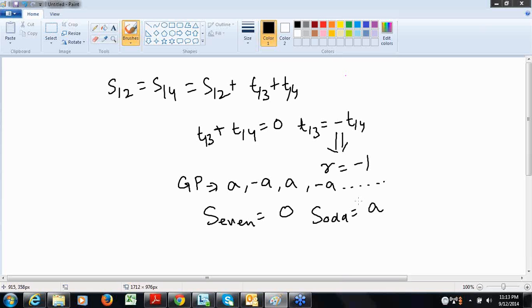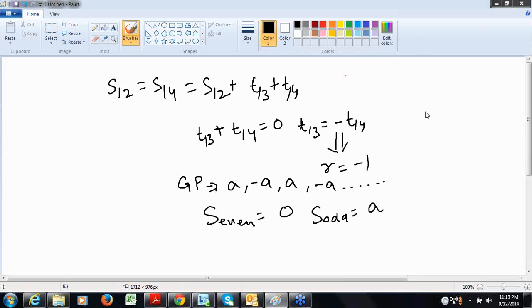It is given the sum of 12 numbers is equal to the sum of 14. So the sum of 12 is equal to the sum of 12 plus term 13 plus term 14. Term 13 plus term 14 has to be 0, because the sum of 12 you can cut from both the sides. How can R be equal to 1?